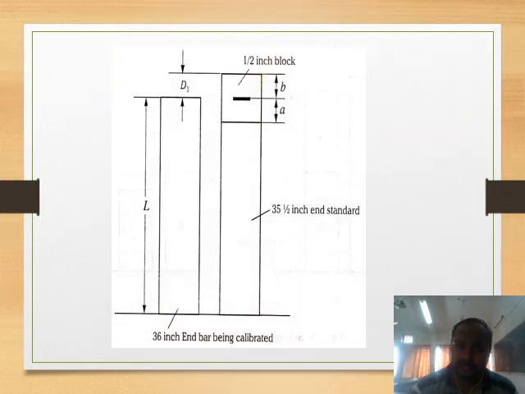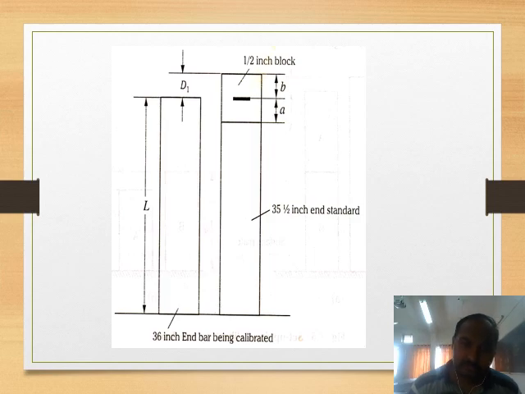So this is how it is arranged, as I mentioned in the last figure, for D1 and D2. For the first, L, which is equal to the 36-inch length standard bar, is compared with 35.5 inch plus A on one side.